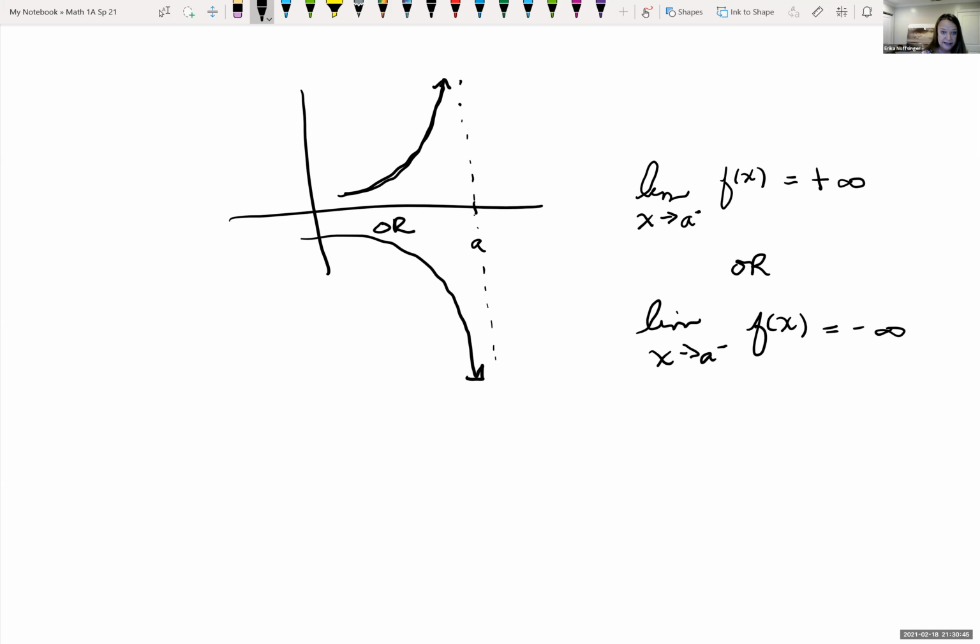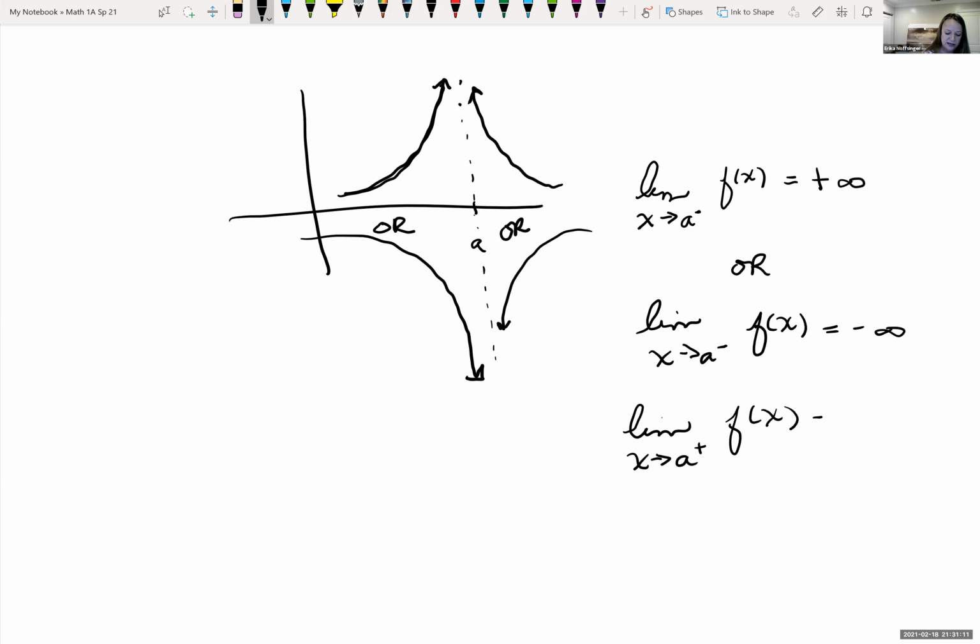Same sort of idea. We want to see if we're coming in on the right-hand side of that vertical asymptote, is our graph shooting upwards, or is it shooting downwards? Mathematically, we would write it as the limit as x approaches a on the right-hand side, that plus, of f of x.